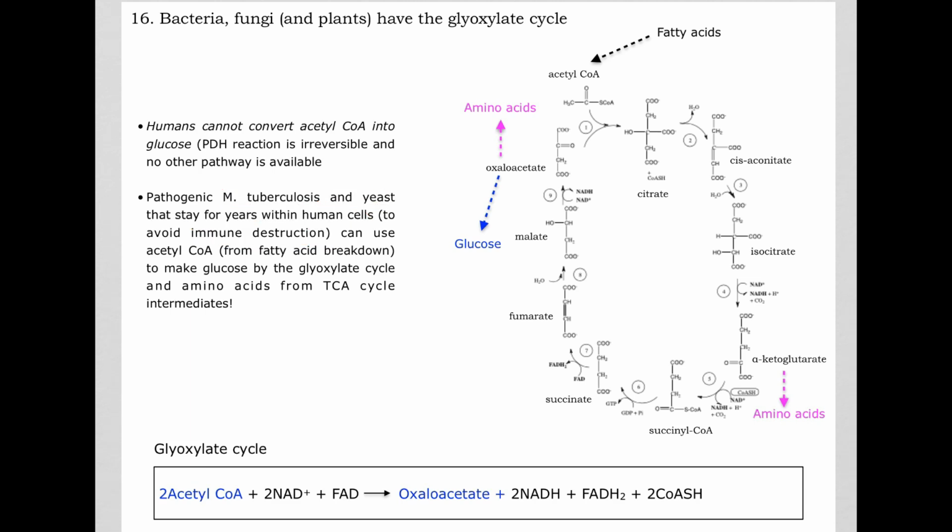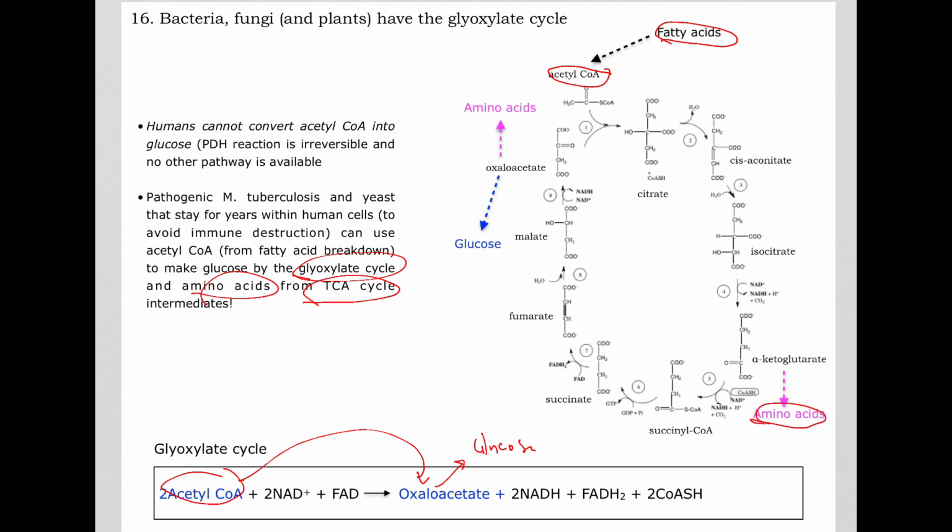Well, what they do is they store quite a bit of lipids. They can use their lipids to make acetyl-CoA, and then use this acetyl-CoA to make glucose. So they can make carbohydrates from the glyoxylate cycle, and then they can use the Krebs cycle to make the amino acids.